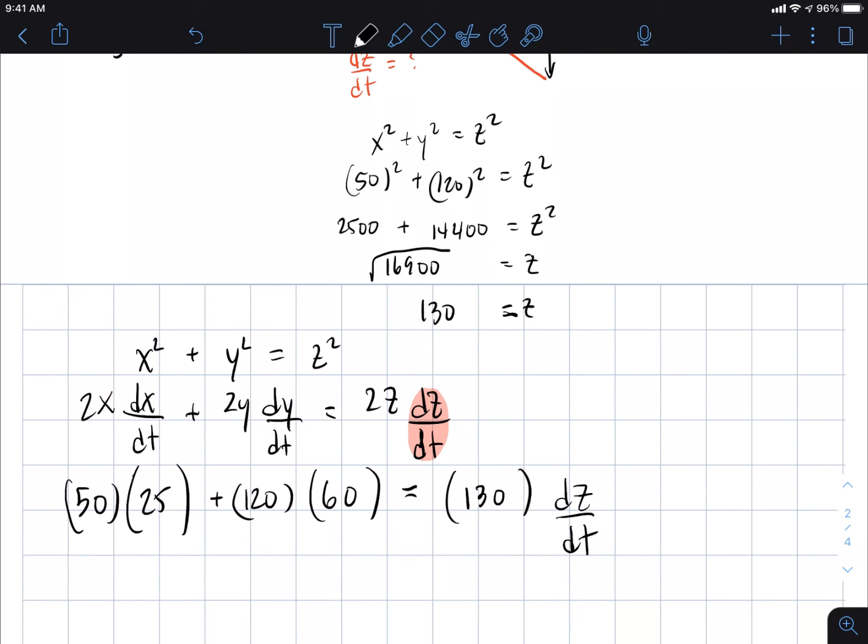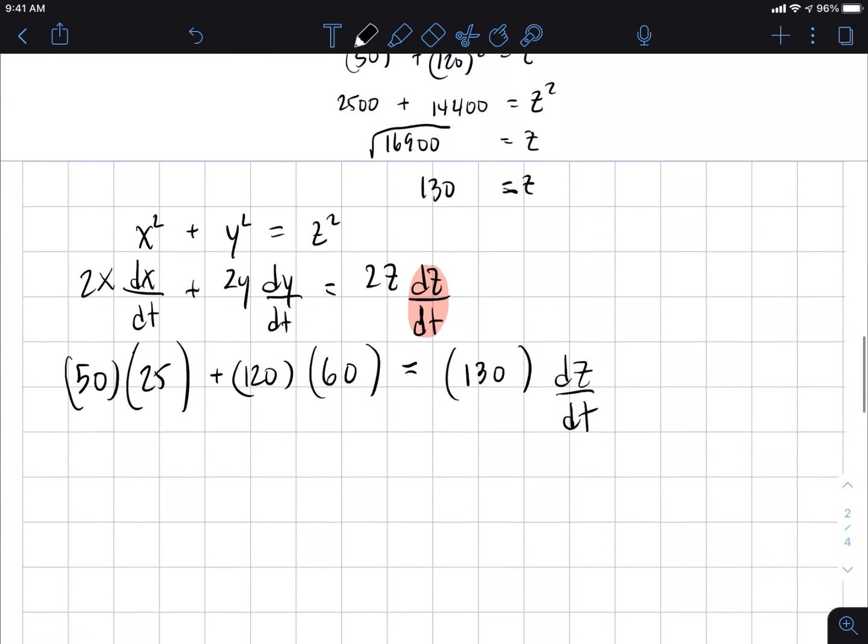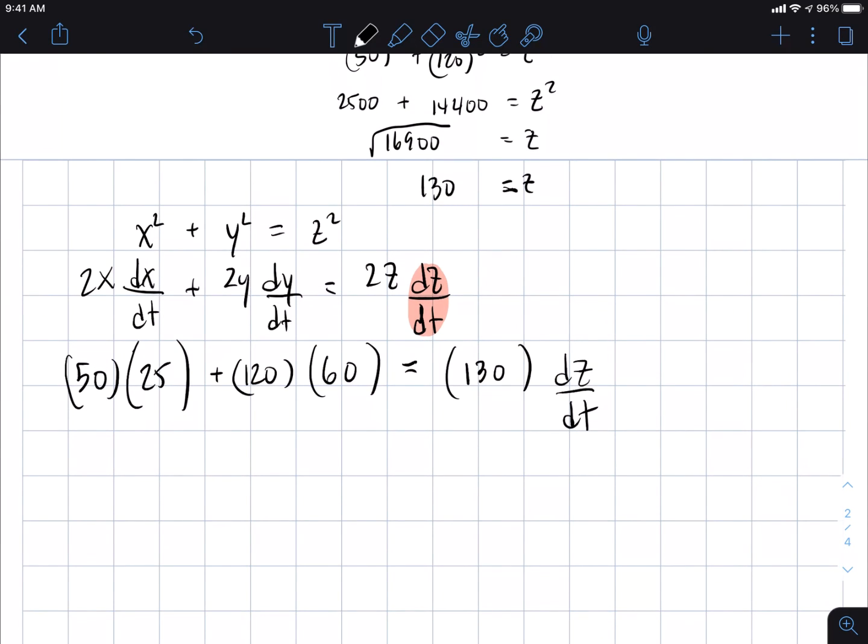All right. So 50 times 25 is 1250 plus 60 times 120, which is 7,200, is equal to 130 dz/dt. And I should highlight these just so we are consistent.